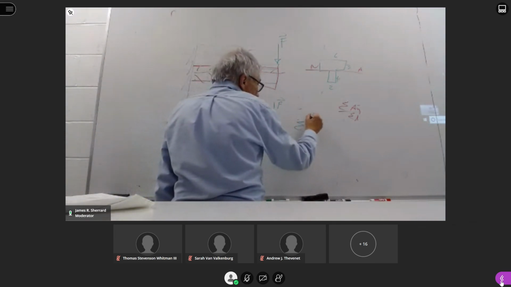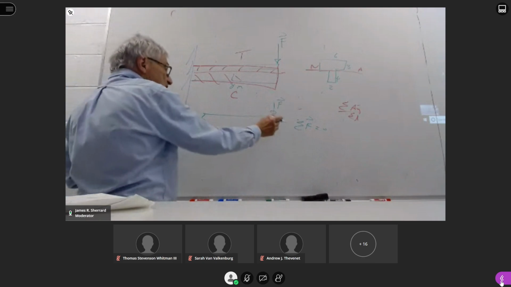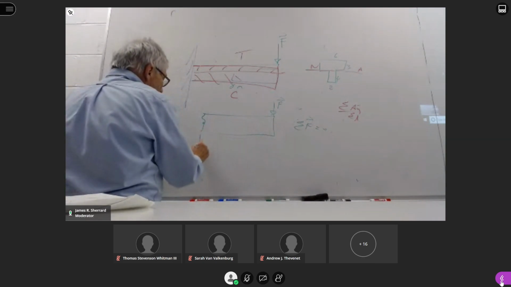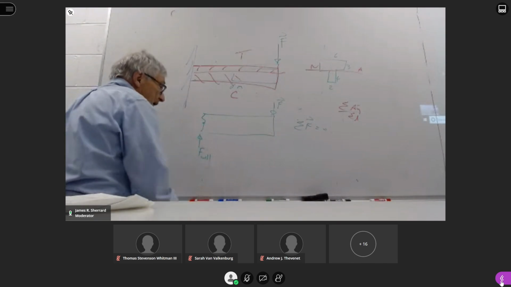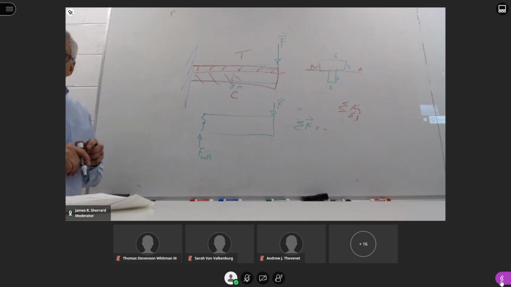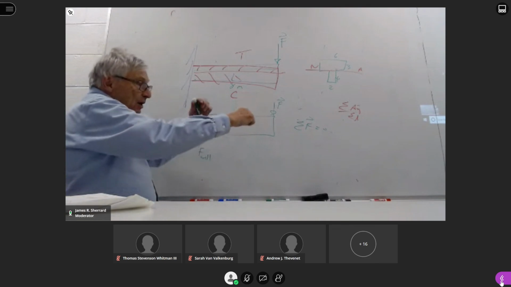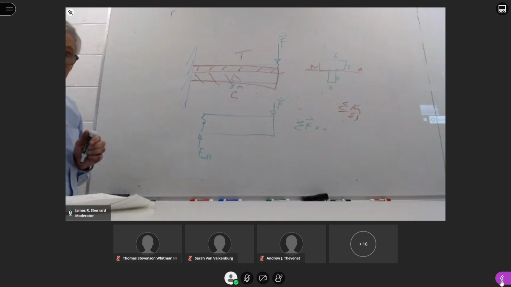We have the sum of forces has to equal 0. There are 3 of those, x, y, and z. Hopefully you can see that the only thing in x, y, or z is in the y direction, so we have to have a force here at the wall going like that. But is that complete? No, because if you just look at that, this force going up, this force going down, it's going to make this member want to rotate clockwise.